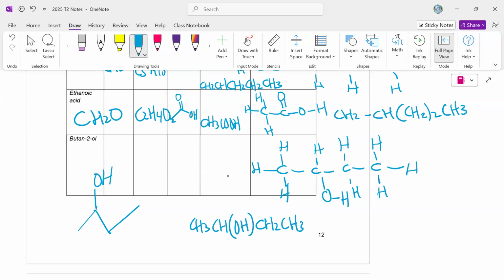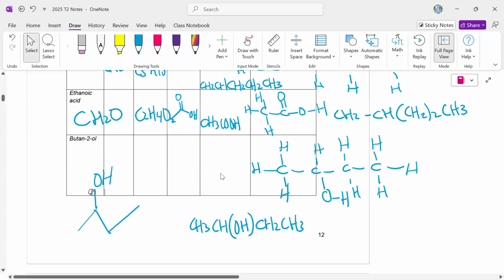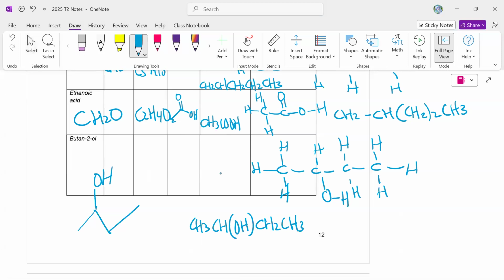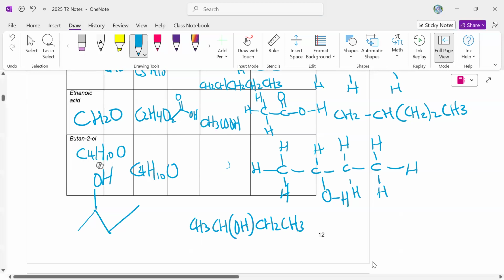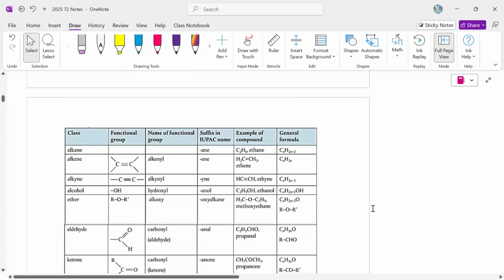Okay, 1, 2, 3, 4. So this is your butan-2-ol, and then you've got this structure already, and then now the molecular formula C4H10O. Then if you can simplify it to the simplest terms, if not, then it will be C4H10O for the empirical formula. Okay, so that's what we have done.